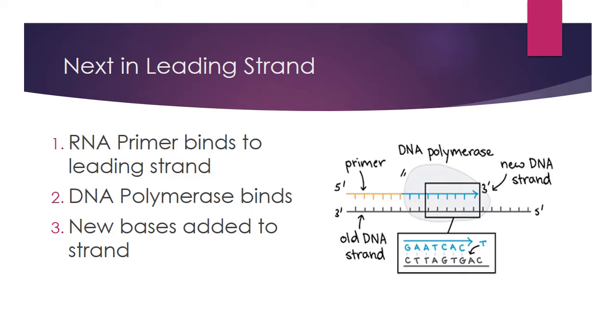Soon after, new bases are being added to the original strand, as shown in the picture. See how the new strand is being added, and now we have our new complementary bases.